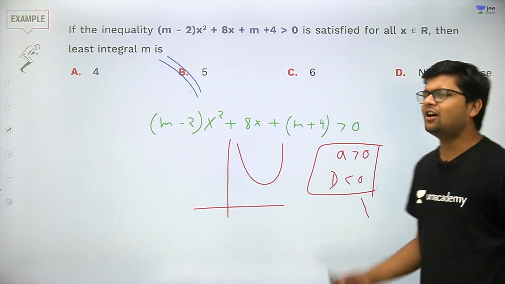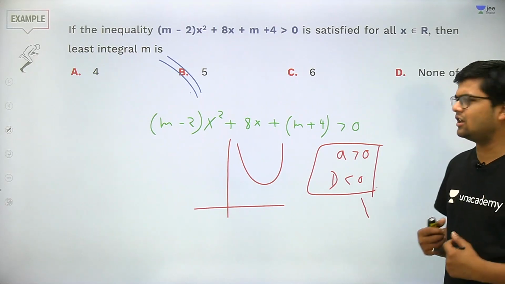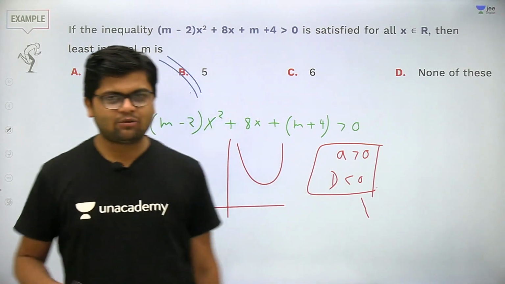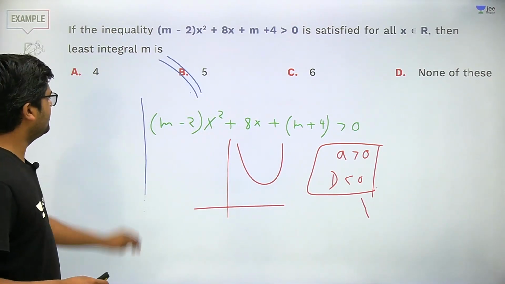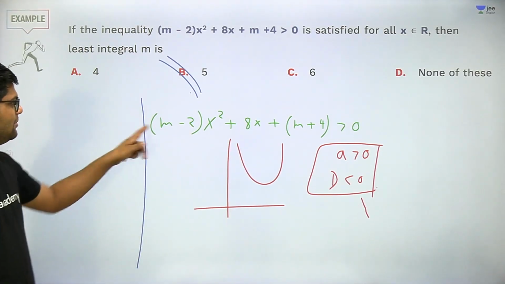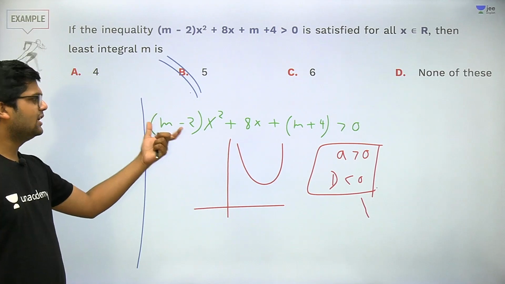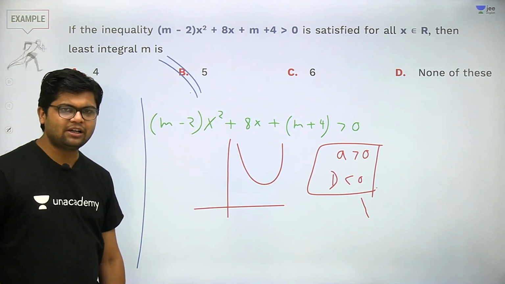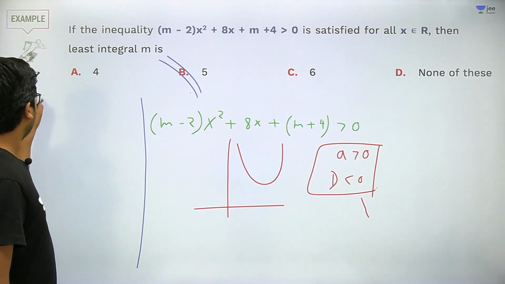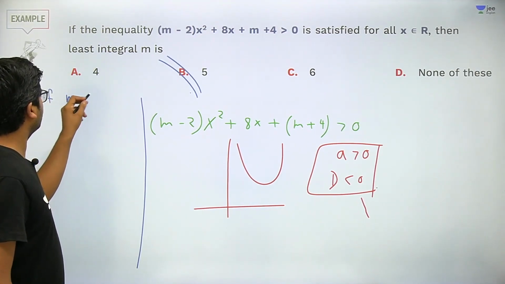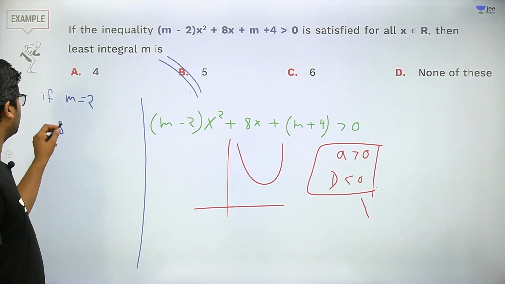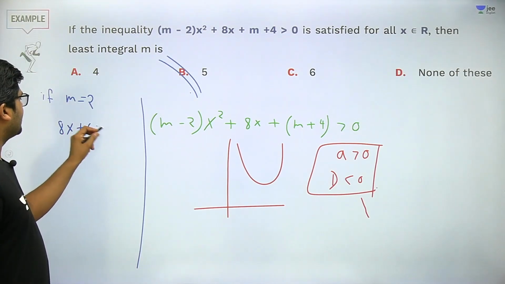Getting my point? Now there is one very minor concept, a minor mistake that I did deliberately, because I want to discuss this concept separately. Students, this expression is a quadratic only if m is not 2, because if m is 2 then this will not be a quadratic. Therefore for that scenario we will have to check separately. If m is equal to 2, then this will not become a quadratic and this expression will become 8x plus 6 greater than 0.